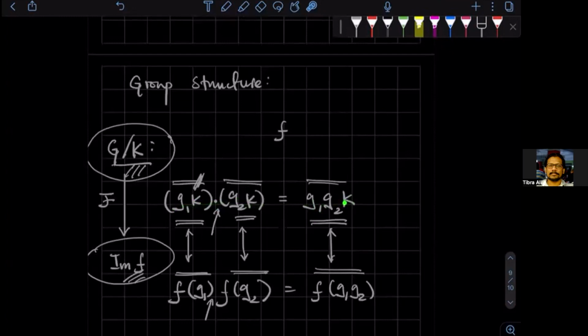That was how the structure of this group came about. The quotient group is by definition a group multiplication. We have to show that that group multiplication, that structure, is preserved under this map, right?